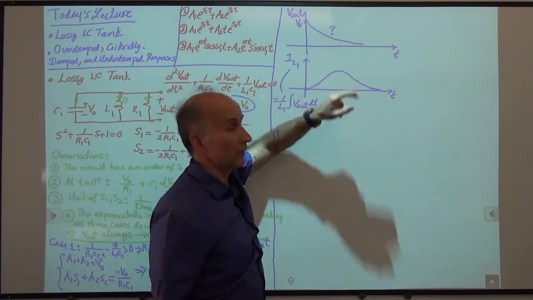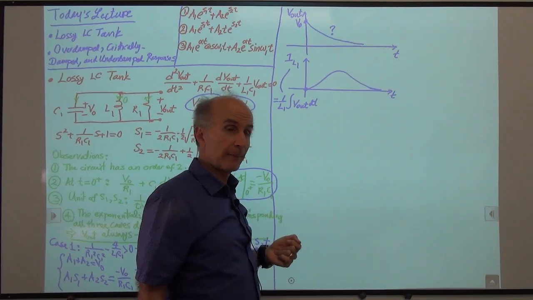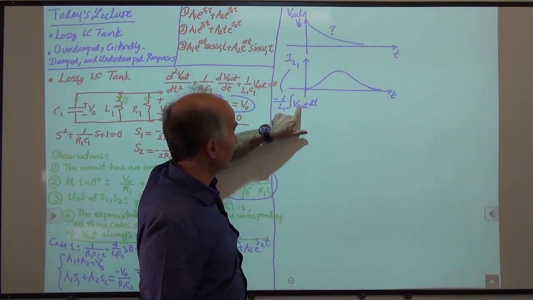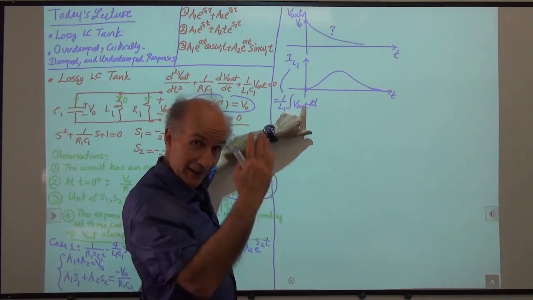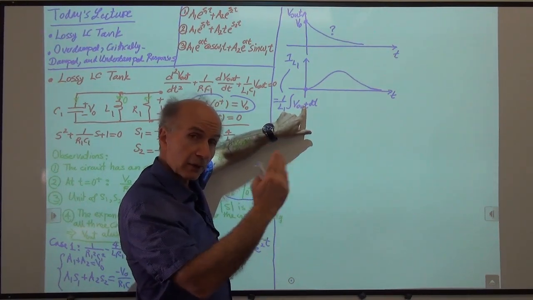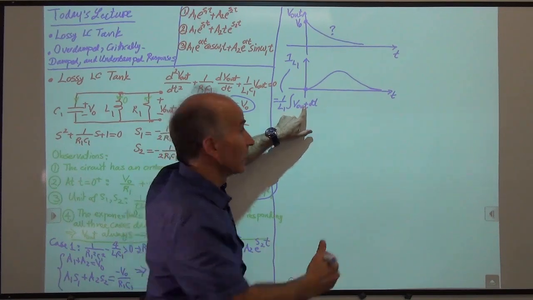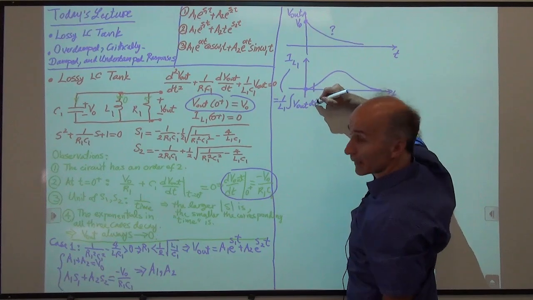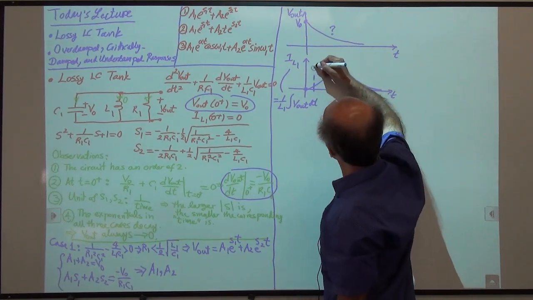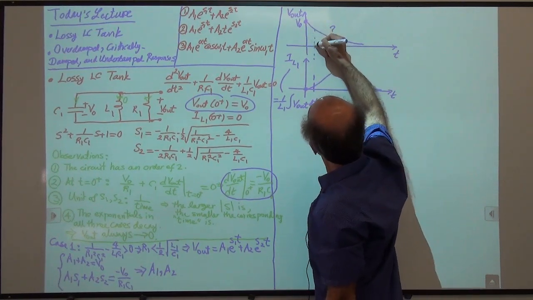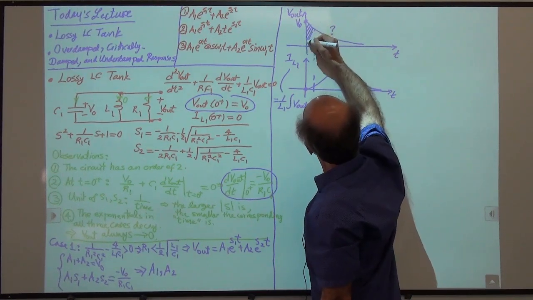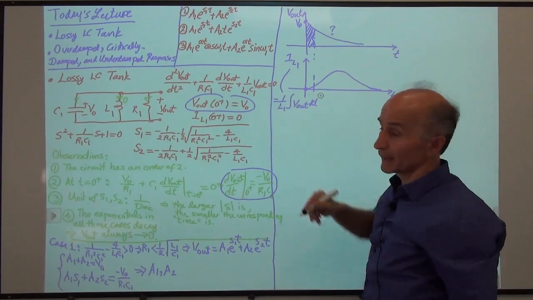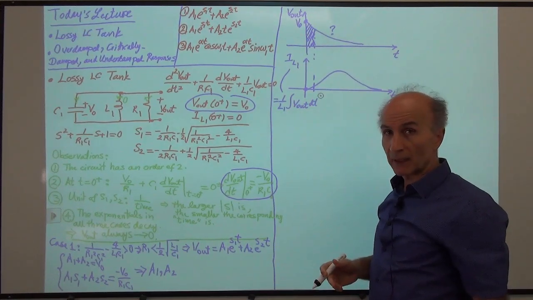So if I look at this, assuming that V out has this shape, I realize that these two don't agree. Why? This equation says to find the current, start integrating V out. Find the area under the V out curve and just move forward. So for example, if I want to find IL1 at this point in time, I have to find this area up to this time, and then divide by L1. That's fine.